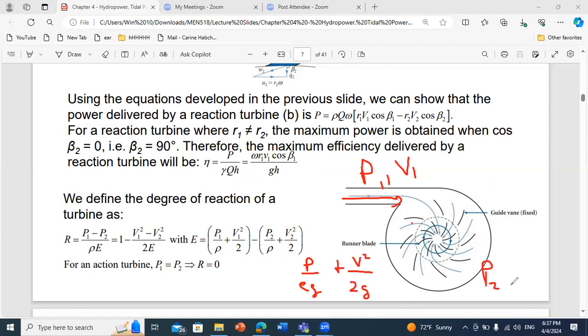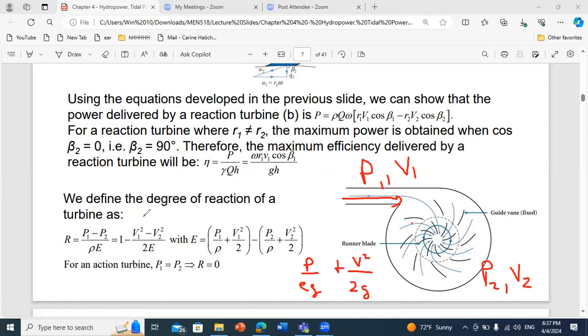And of course, because you are extracting energy from the fluid, the pressure will be reduced and the velocity also will be reduced. And because of this, you can say that part of the energy will be due to pressure reduction, and part of the energy extracted from the water will be due to kinetic energy drop.